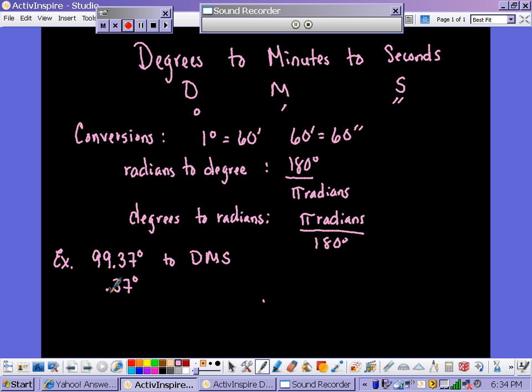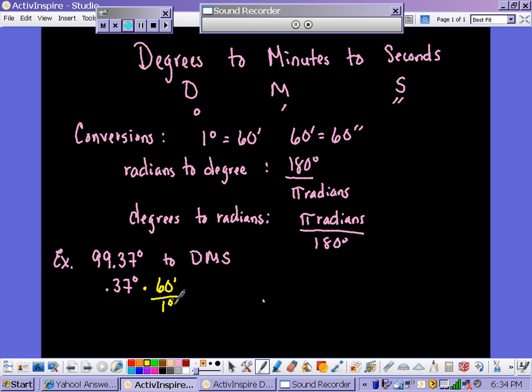So to convert 0.37 degrees to minutes, we're going to use the conversion factor from above. 1 degree equals 60 minutes. Now, if 1 degree equals 60 minutes, we want our degrees to cancel out. So we can take the 1 degree equals 60 minutes and make it be 60 minutes versus 1 degree.